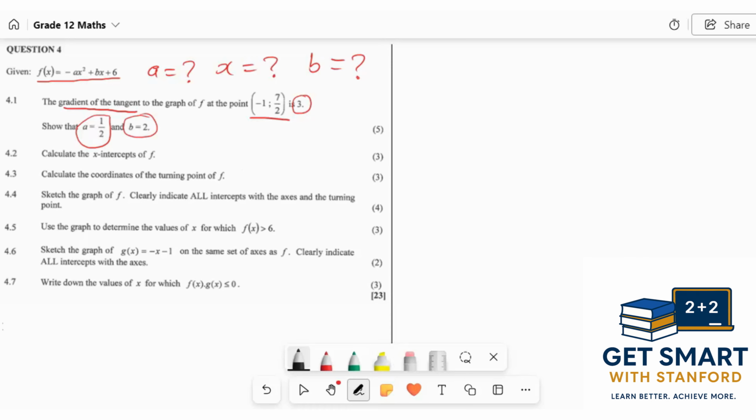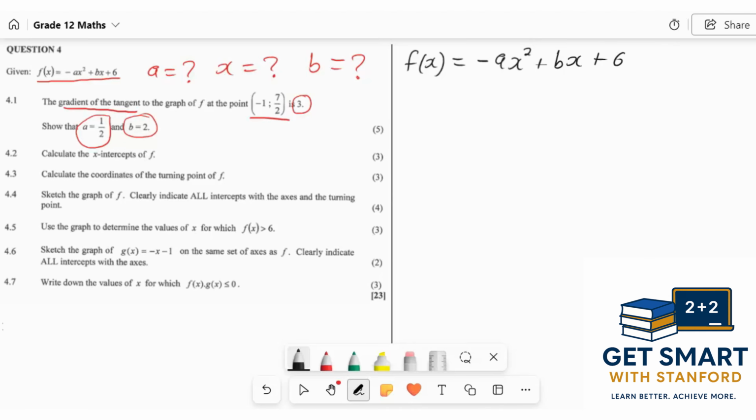What have we got? f of x equals minus ax squared plus bx plus 6.